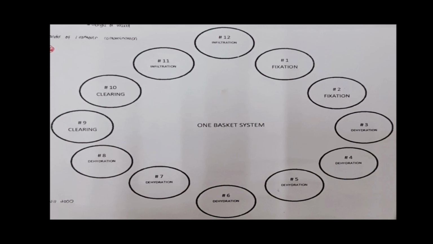So for dehydration, that's increasing grades of alcohol. That's 1.5 hours each for baskets 3 to 5. So that's giving you from 6 to 7:30, 7:30 to 9, 9 to 10:30.